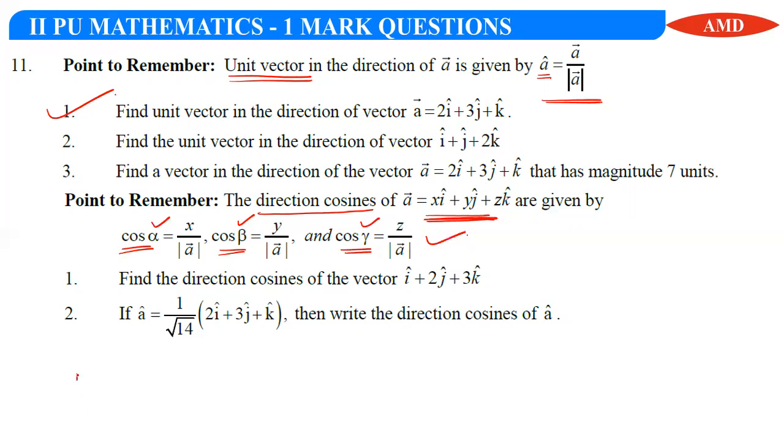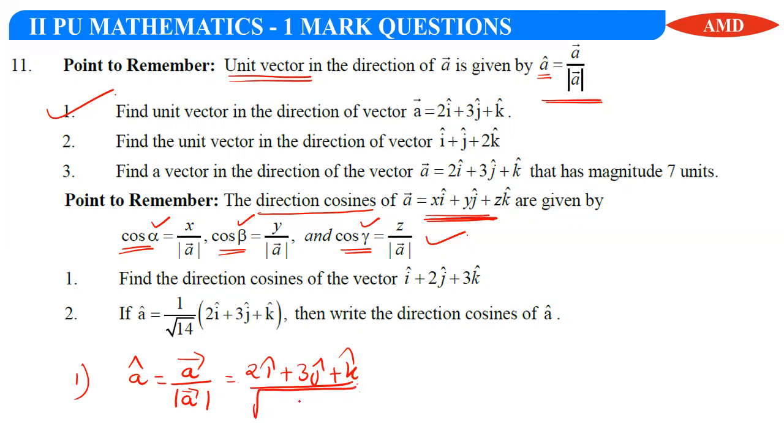So the first question here, the given vector is A. So let me write A cap is equal to vector A divided by the magnitude of vector A. So this will be equal to 2i cap plus 3j cap plus k cap whole divided by the magnitude. How do you find out the magnitude?